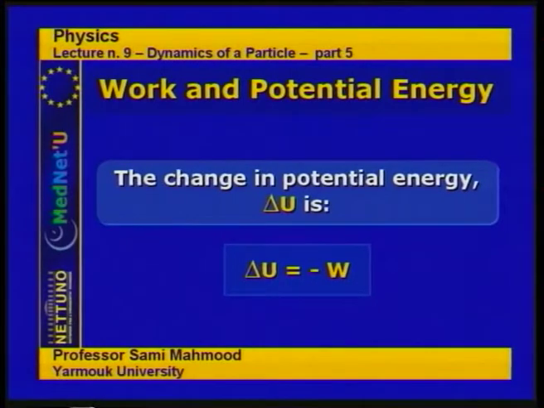So here we have to remember always that the concept of potential energy is intimately related to the existence of a conservative force. Each conservative force is associated with a potential energy.